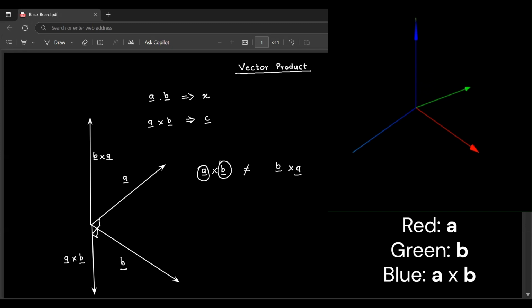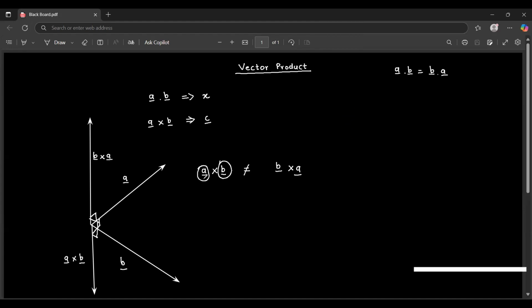We studied in scalar product that A dot B is equal to B dot A, but that is not true for vector product. The direction changes, but B cross A is also perpendicular to A and at the same time perpendicular to B. To keep this easy to understand, just write this down: A dot A cross B is equal to 0.